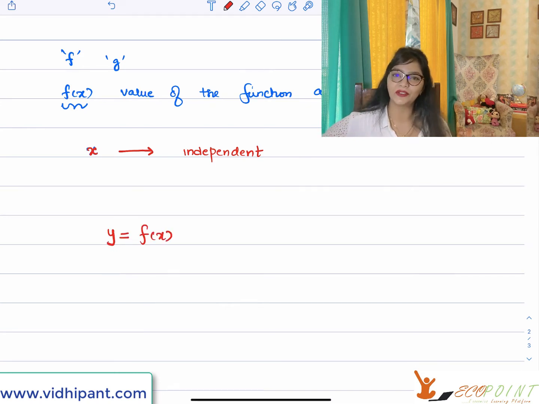We write a function f(x) equal to, say, y. So that means y is the value that this function is attaining at the input x. That's what it means. So x is the independent value which is deriving a value y for you. So that means y is dependent. With this depiction, you can say that y is dependent on x.